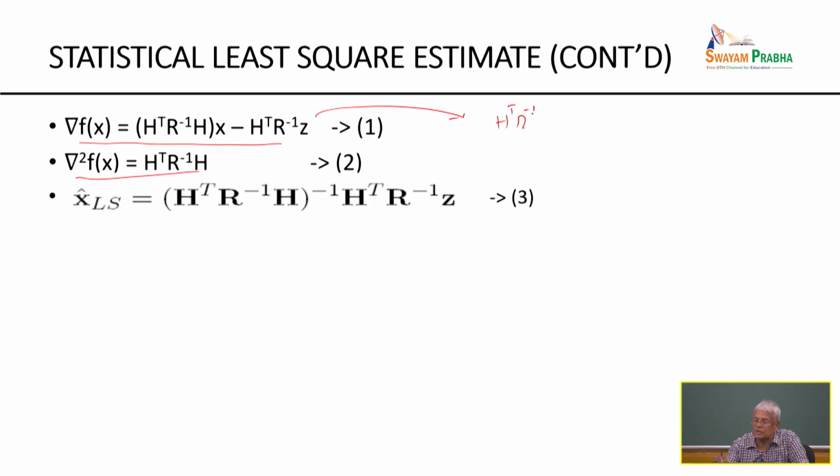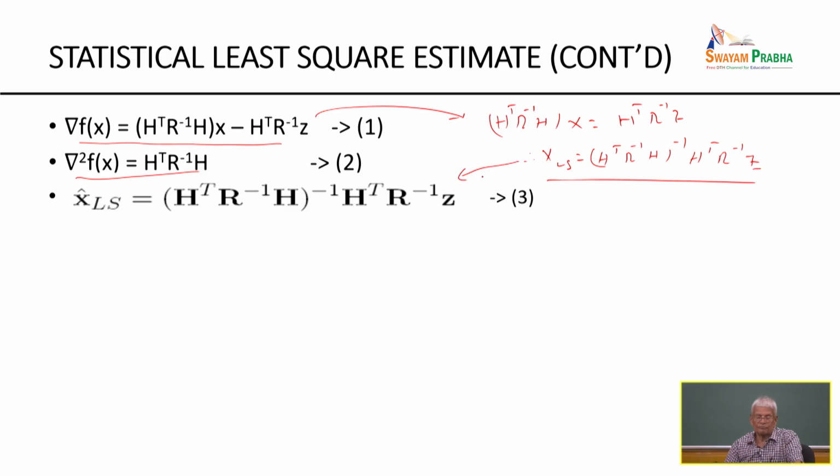The normal equation is H transpose R inverse H x equals H transpose R inverse z. Therefore, x_LS is equal to (H transpose R inverse H) inverse H transpose R inverse z. And that's exactly relation 3. So this is the least square estimate that corresponds to this.